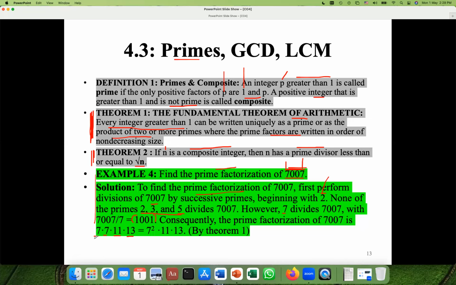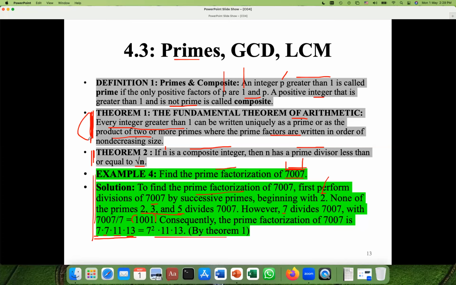So now these are the prime factors for this number that you have found. You can further write it as there are two 7s, so 7 square dot 11 dot 13 by theorem 1. So this example we have solved by using the concept of theorem 1.